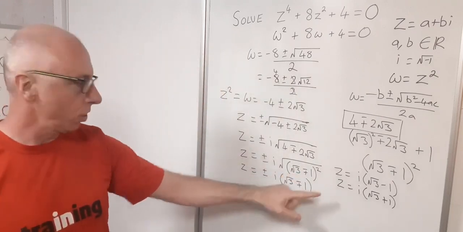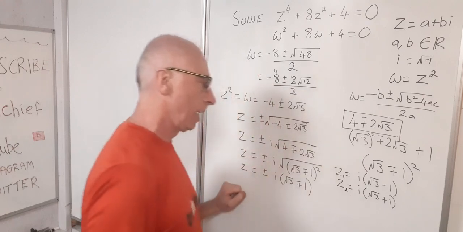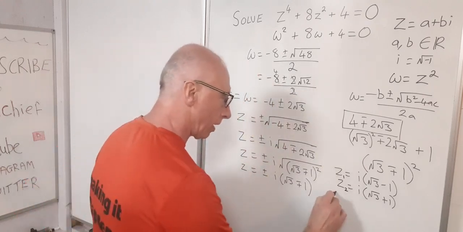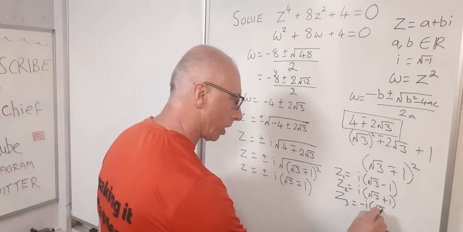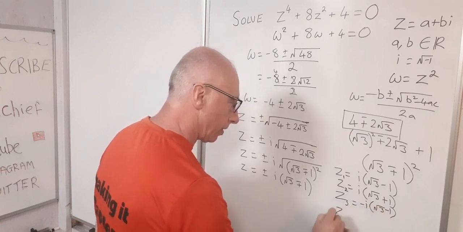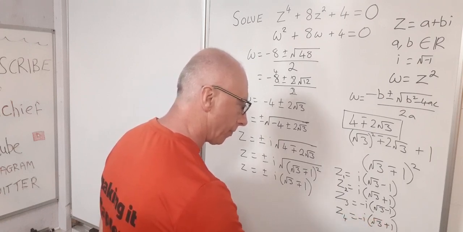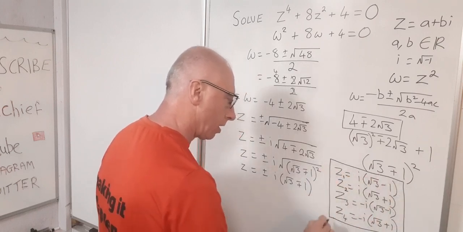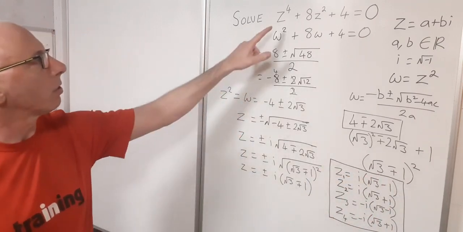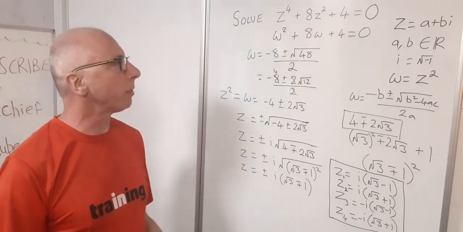That's my first two with a positive i, so I'm going to call those z1 and z2. Then z3 equals minus i times root 3 minus 1, and z4 equals minus i times root 3 plus 1. So that gives me my 4 solutions to z to the 4 plus 8z squared plus 4 equals 0.